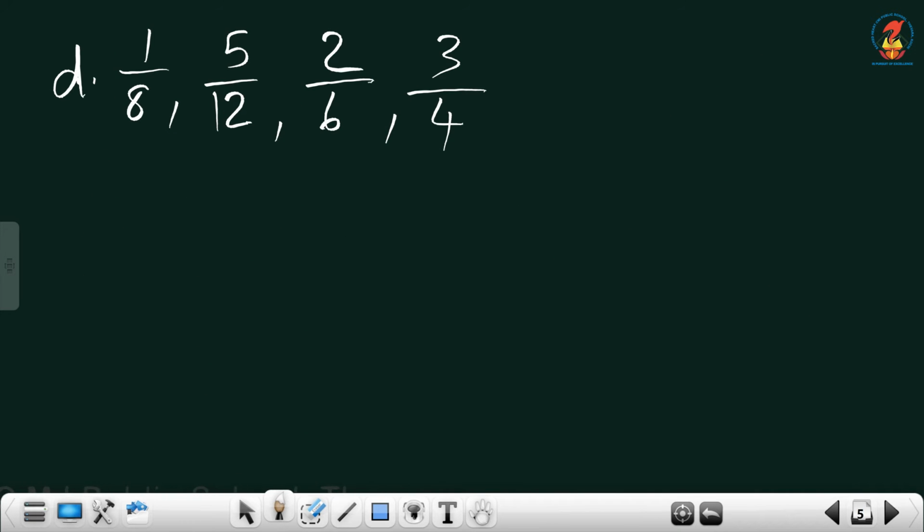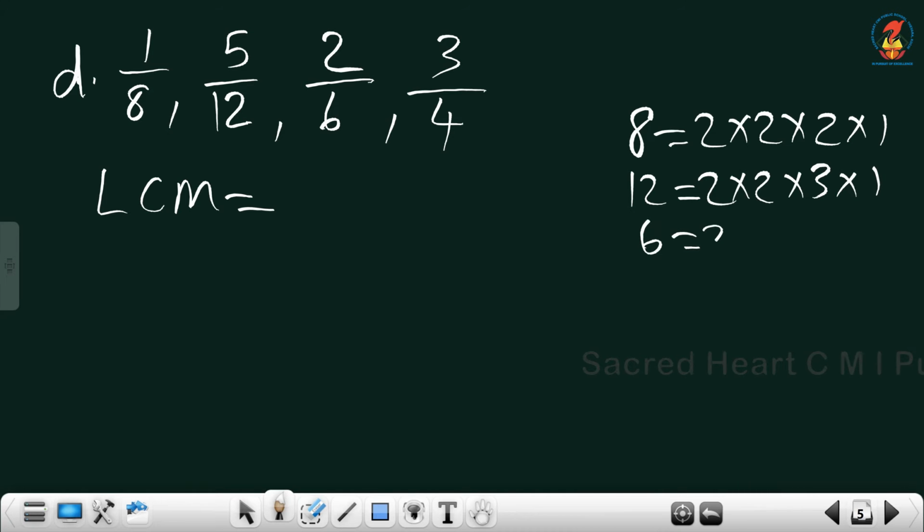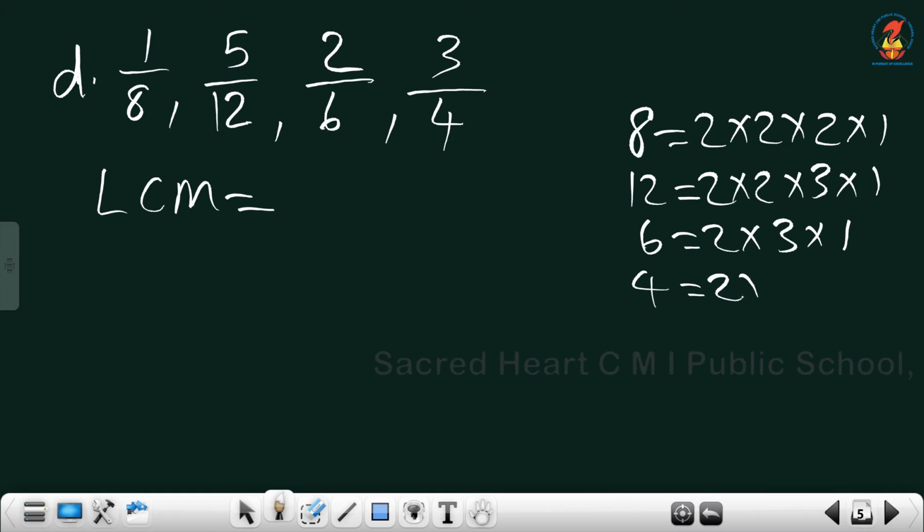1 by 8, 5 by 12, 2 by 6, 3 by 4. LCM is what? 8 equals 2 into 2 into 2 into 1, and 12 equals 2 into 2 into 3 into 1, and 6 equals 2 into 3 into 1, 4 equals 2 into 2 into 1.